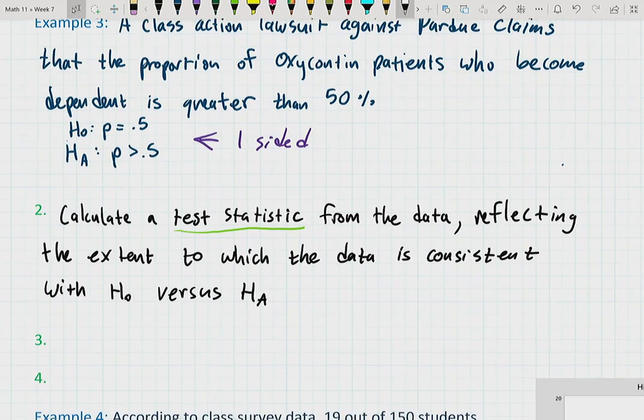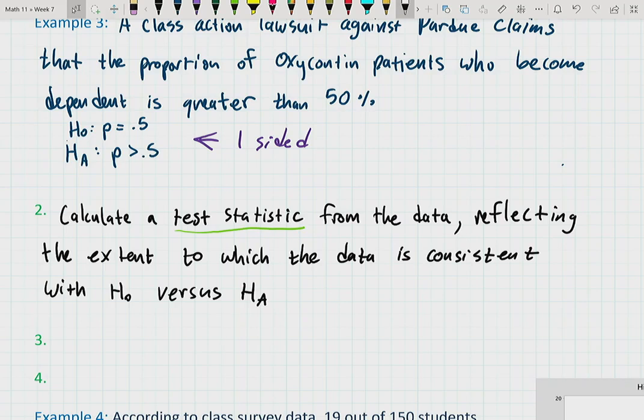Exactly what test statistic you calculate is going to depend on the problem. It'll depend on the model. It'll depend on the alternative hypothesis. But basically, you want to see how unusual it would be to observe the data that you observed given the null hypothesis that you're supposing.